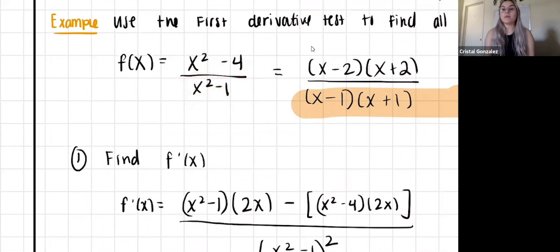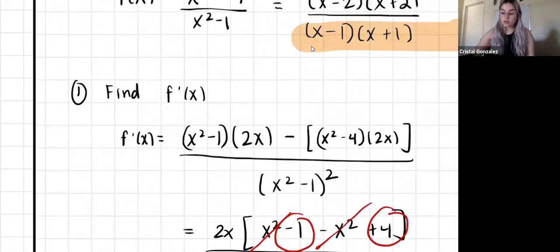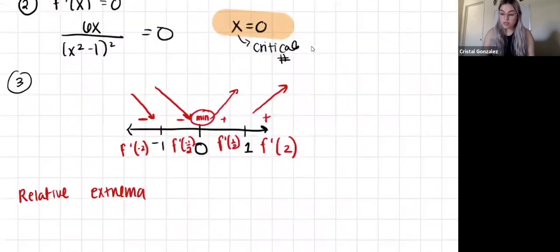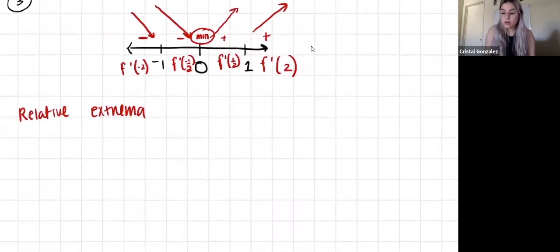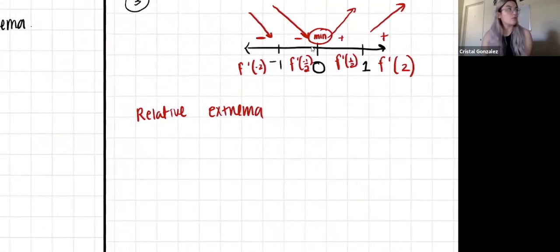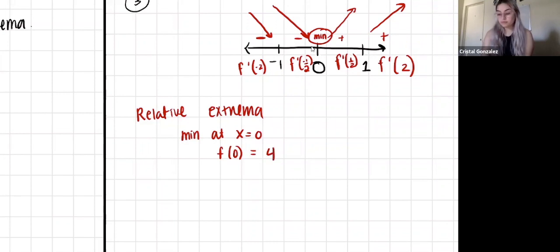So our minimum is actually +4, because we have a negative and negative. So our relative extrema is at +4, so we can report it like that. So we can report minimum at x equals 0, f of 0 is equal to +4. And that's it.